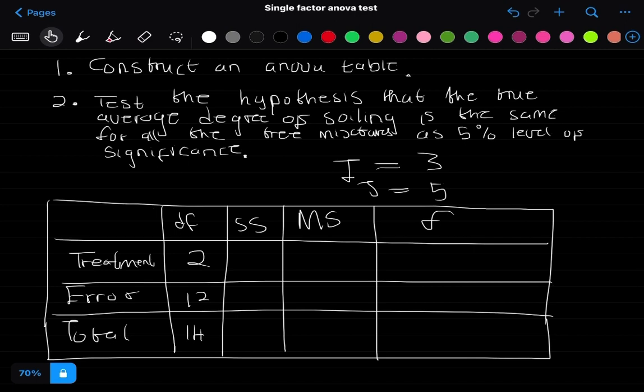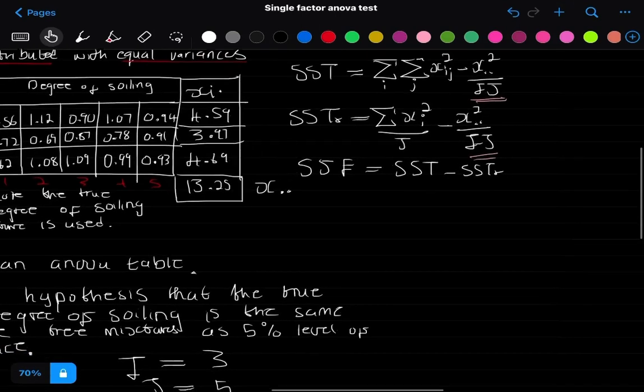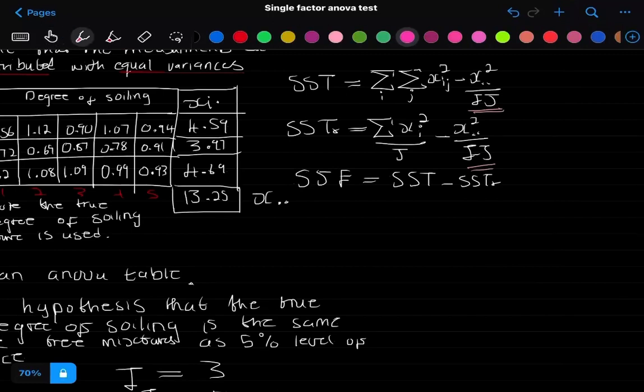Now, how do you find the sum of squares? Now, we're going to start with the sum of squares of the treatment. So, note that we already have calculated the grand total. So what we need right now is this part of the formula.